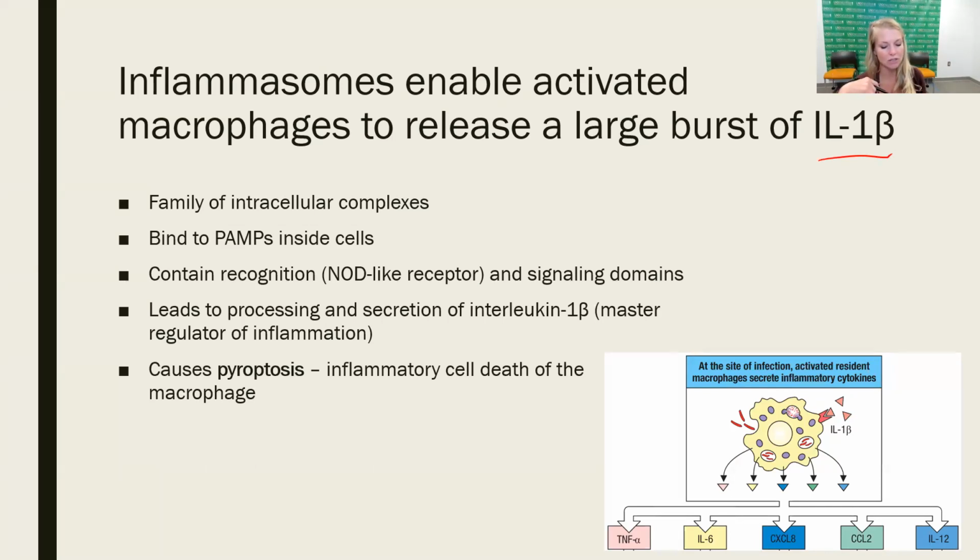IL stands for interleukin. It's still a cytokine, it's just interleukin. Cytokines kind of are used interchangeably. But it's the master regulator of inflammation. And so IL-1 beta will act back on macrophages and then actually cause the death of a macrophage once it's done doing its work.